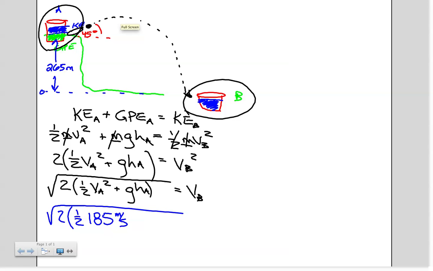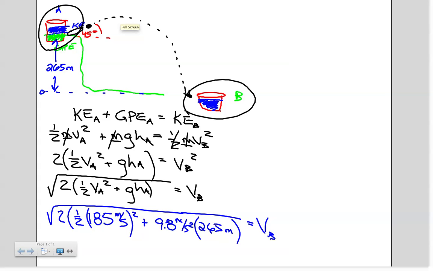Now this whole term needs to be squared, so I need to put that in parentheses, plus 9.8 meters per second squared times the height at A. And the height at A is, of course, 265 meters. All of that's equal to the velocity at point B.